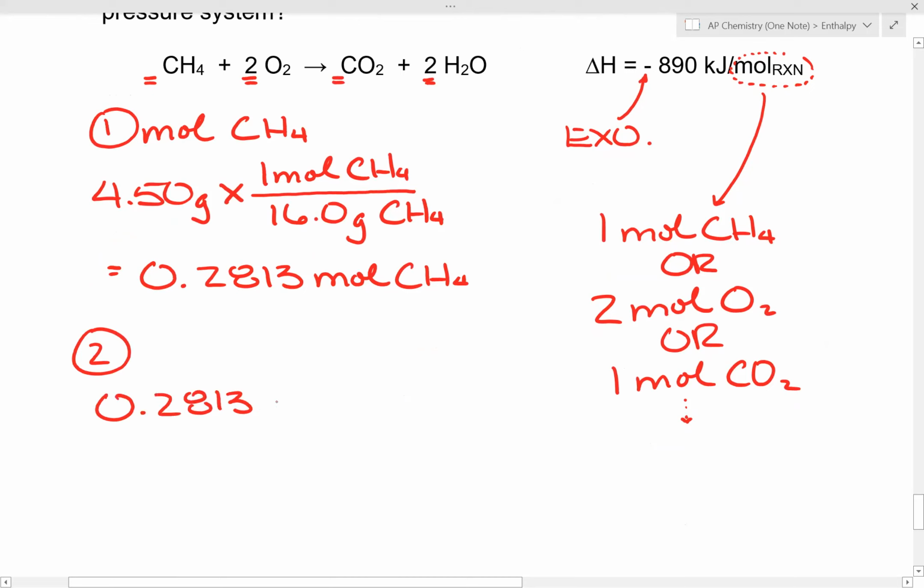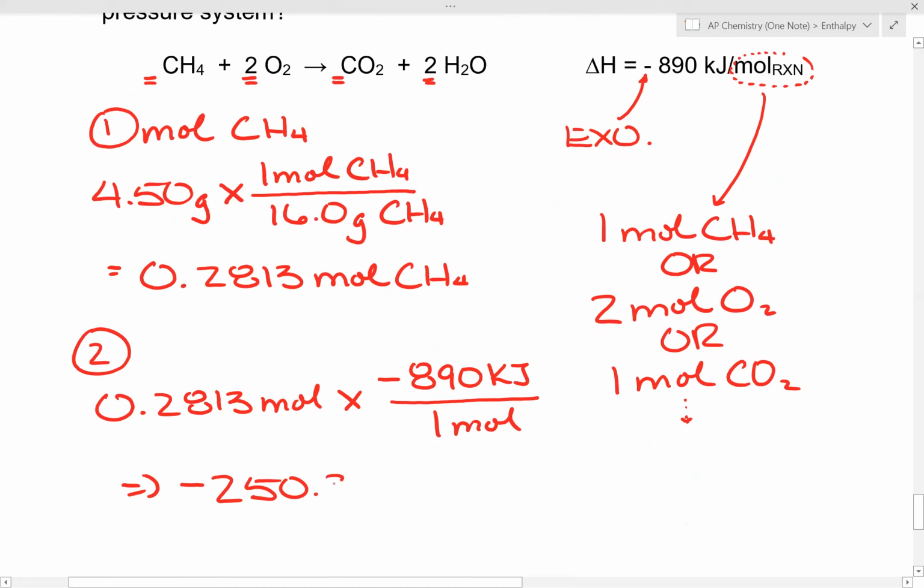Now, for step 2, to calculate the heat, I would take the 0.2813 moles times -890 kilojoules for every 1 mole. And that gives me an answer of -250.3 kilojoules.